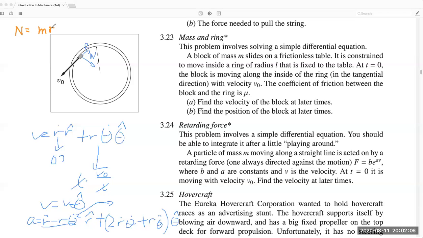So that equals m l times theta dot squared. That is the normal reaction. Then for the second part, the acceleration, that is negative mu N equal to m l theta double dot. You get the same equation.